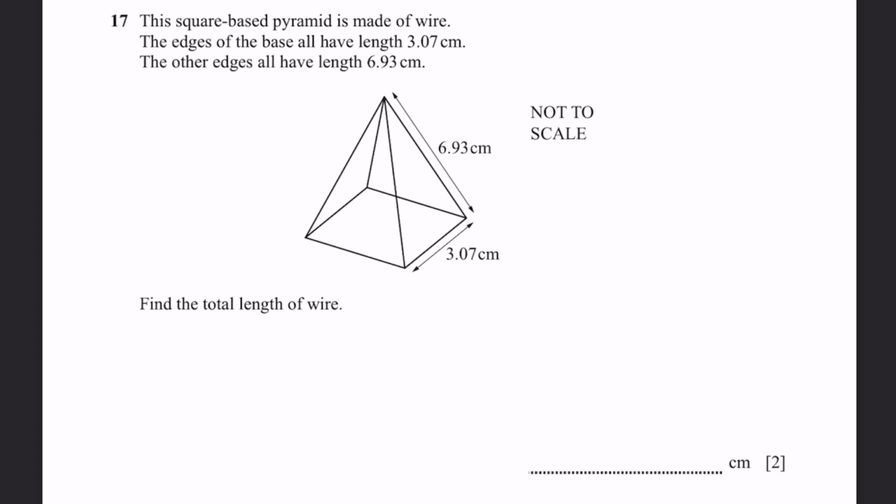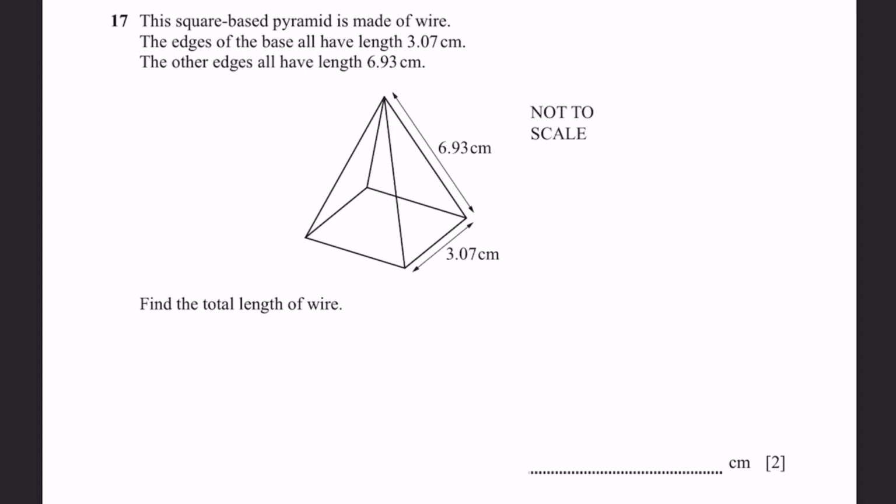Question 17. This square-based pyramid is made of wire. The edges of the base all have length 3.07 centimeters. The other edges have length 6.93 centimeters.